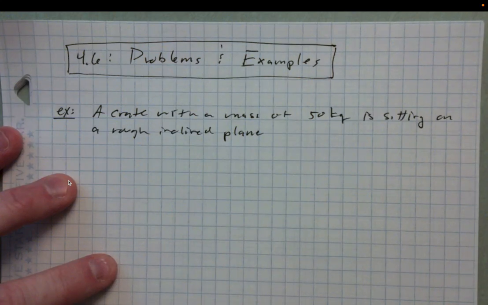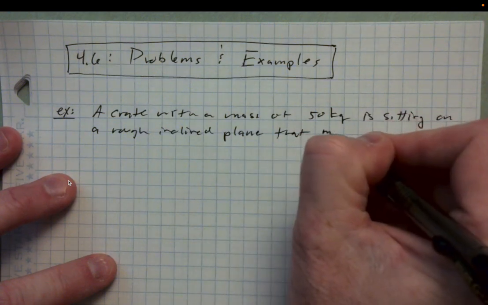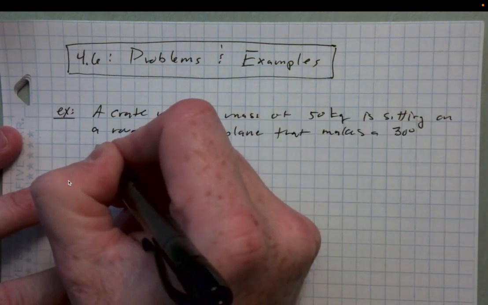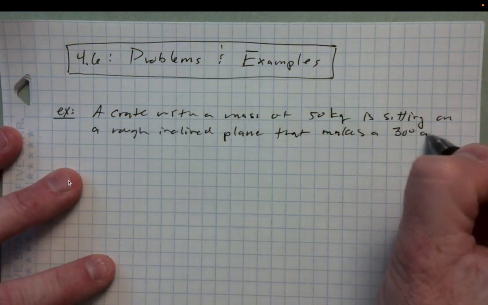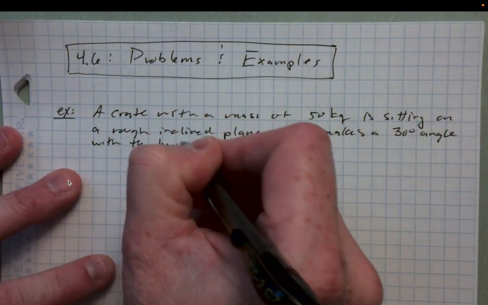And this inclined plane makes a 30-degree angle with the horizontal.